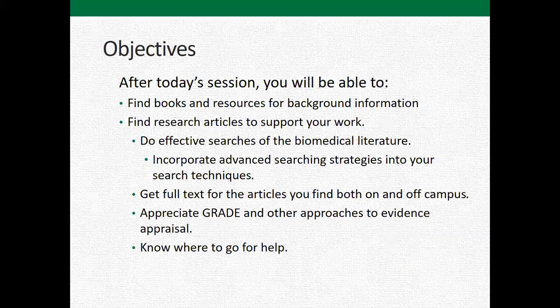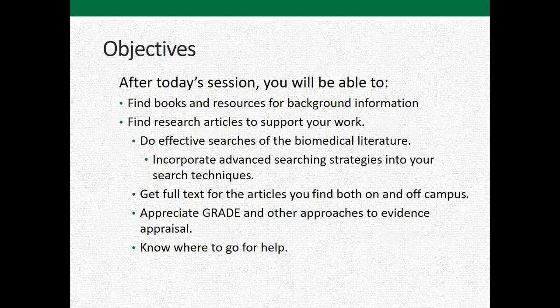Okay, my objectives for today: we'll talk about finding books and resources for background information to get you started, and also finding research articles on the state of the science in your area. That includes doing effective searches of the literature, incorporating a few advanced search techniques.